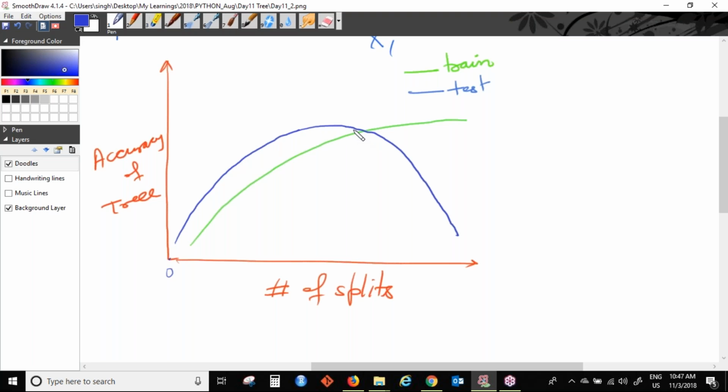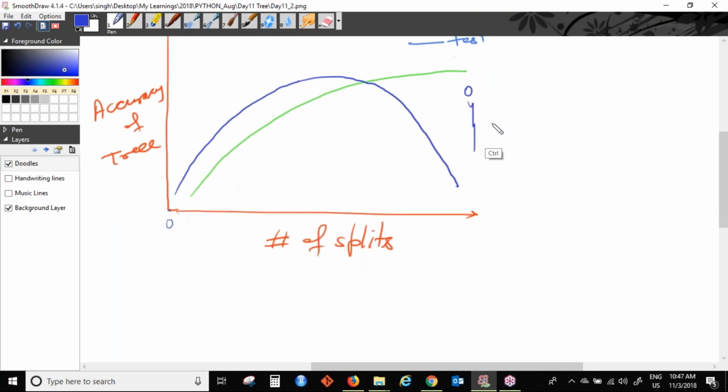After that, overfitting will start to happen and the accuracy will start to decrease. So beyond this, if you increase the number of splits, the accuracy will fall. This is where overfitting happens. Towards this side overfitting happens, and this is where you have underfitting. Underfit means a very simple model.